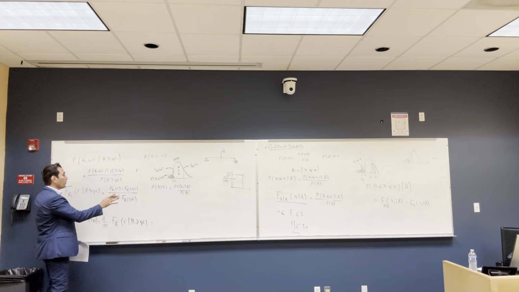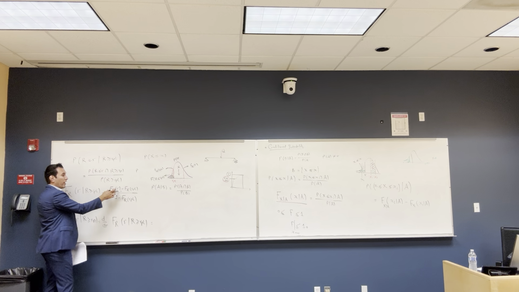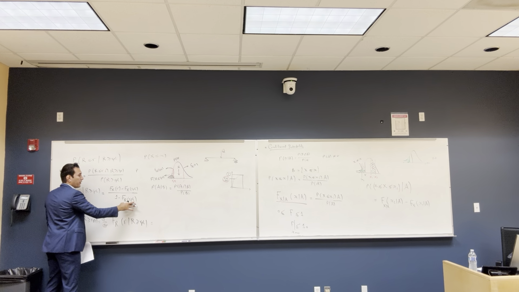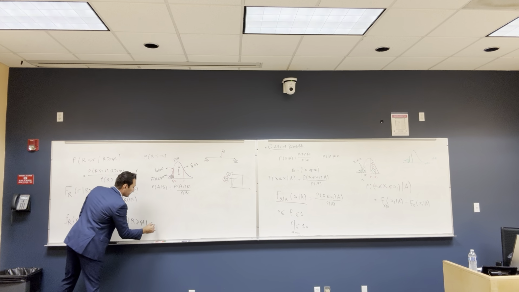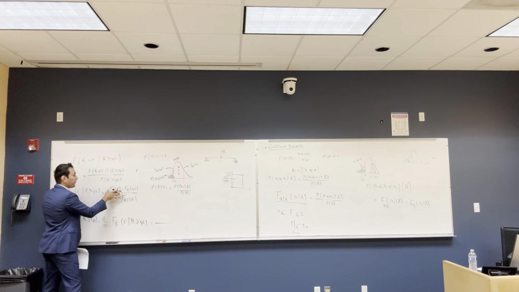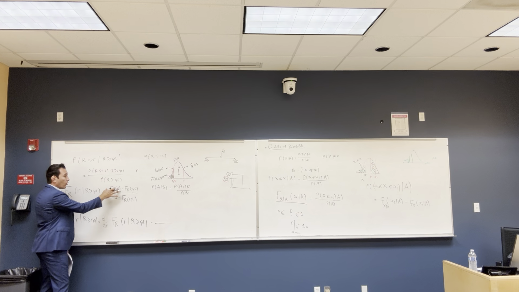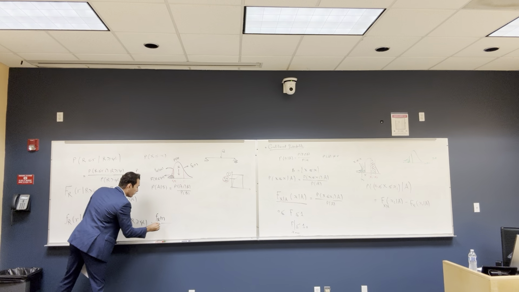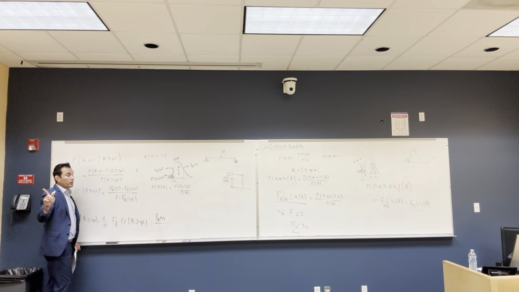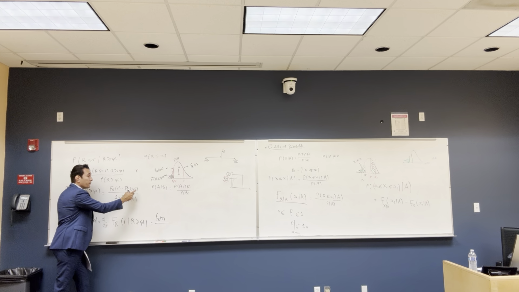Okay, look, we have three terms. We have this term, this term, and this term. What is the derivative of the capital F? If you differentiate it with respect to R, it's gonna give you small f of R. But look at this function, it is a function of a constant, a value that you already know.